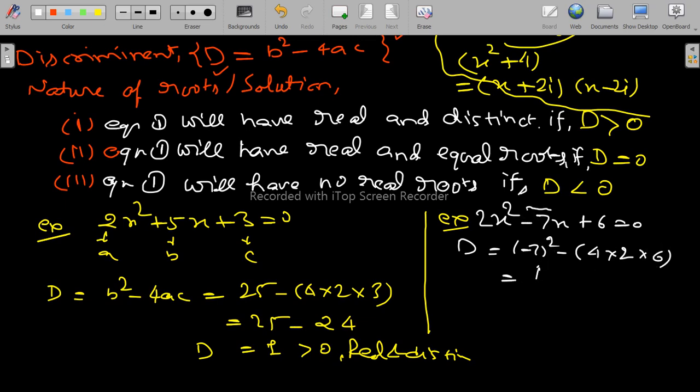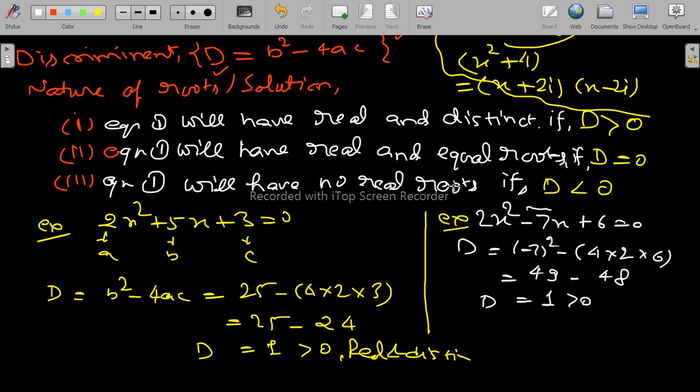This is 7 square, which is 49, and 4 times 2 is 8, and 8 times 6 is 48. This is 49 minus 48. So the discriminant is going to be 1. Coincidentally, this equation will have real and distinct roots, because here the discriminant has become positive, which is greater than 0.